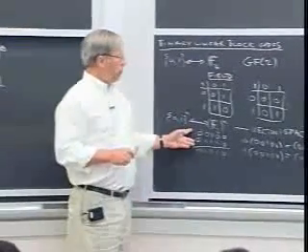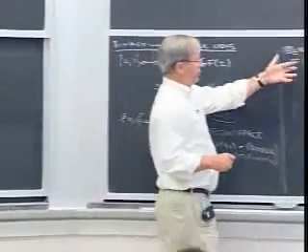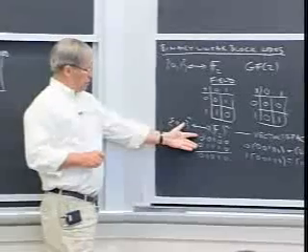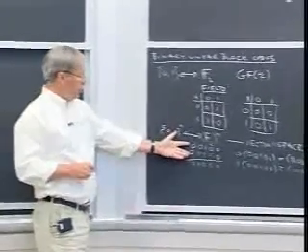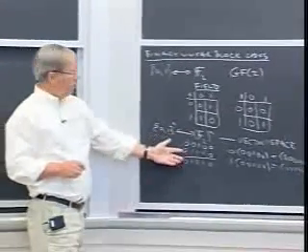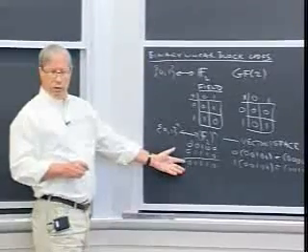So let's check whether the elements of a subspace are closed under vector addition. All right, what do I mean by that? I mean, if you add two elements of the subspace together, you get another element of the subspace.